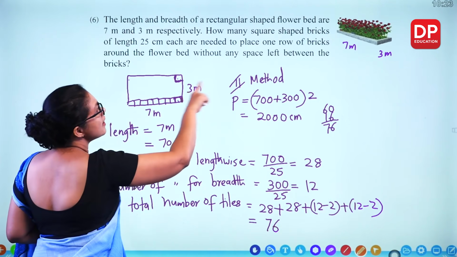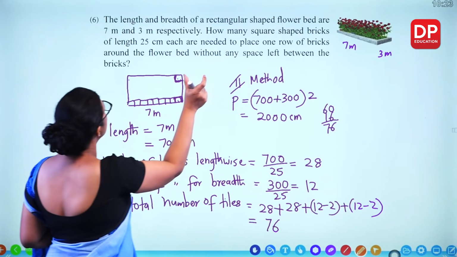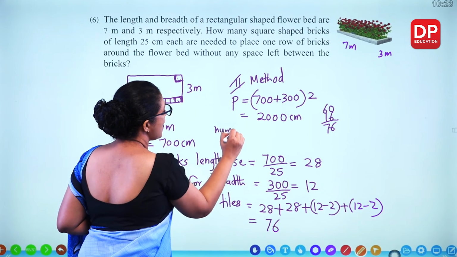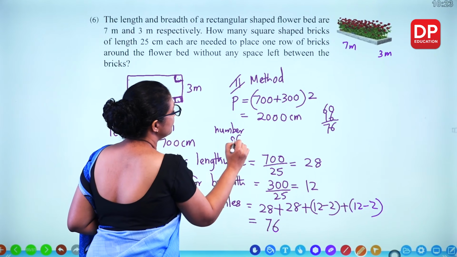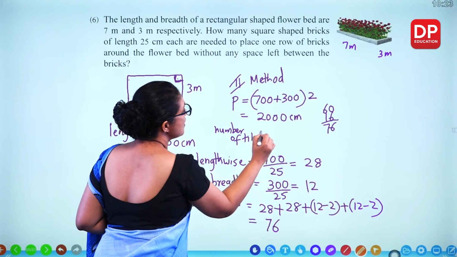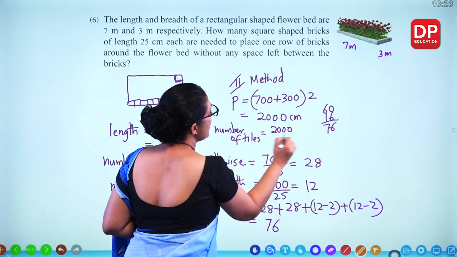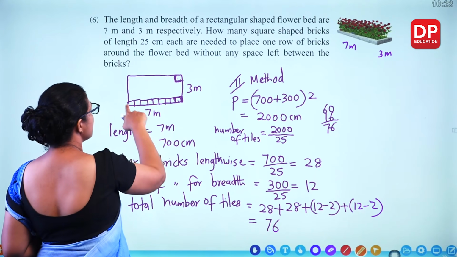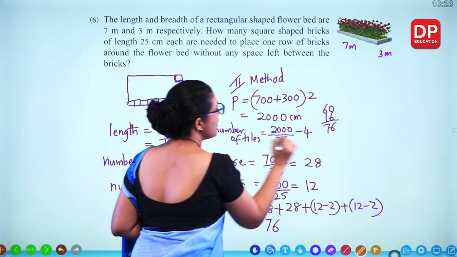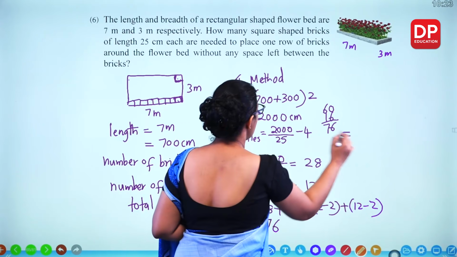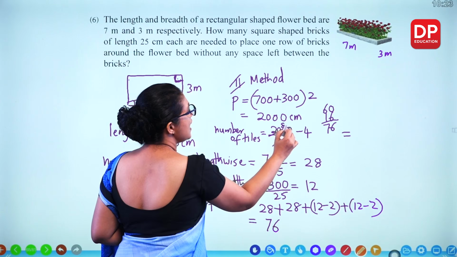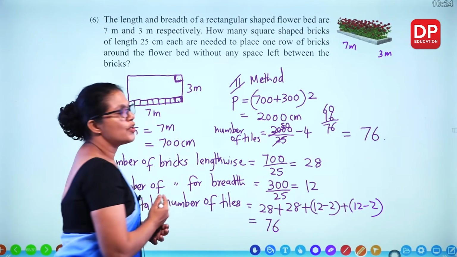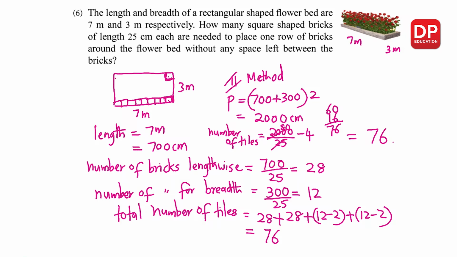Divide by the length of the tile 25. So you can find number of tiles is equal to, you divide by 25 and then you have to subtract again 4 from that. We'll see what you get. 25 times 8. 80 minus 4, 76. This way also you get the same number of tiles.